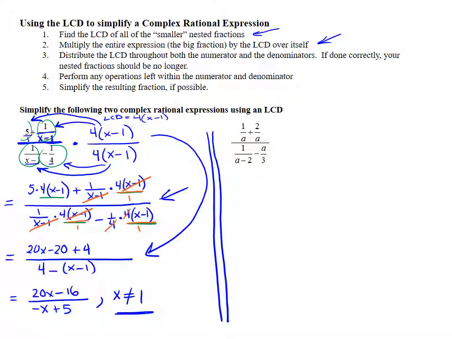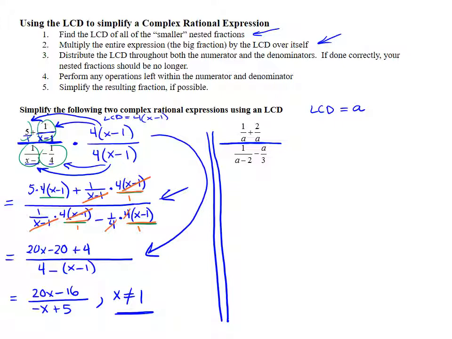Let's do this one more time with the LCD. In our next example, we have a big fraction with two nested fractions in the top and two nested fractions in the bottom. The two nested fractions in the top both have a common denominator of a, so I'm going to have a in my LCD.